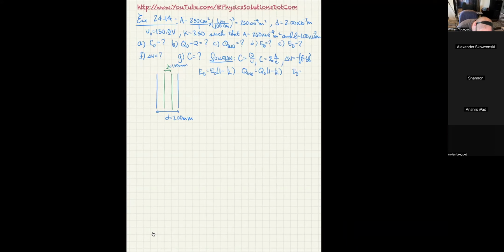Sorry about that, I wrote this here and that's not what it's supposed to be. So E dielectric is equal to E0 over K. And I think that's pretty much it.